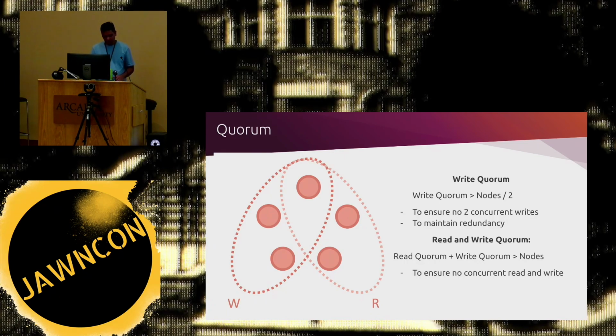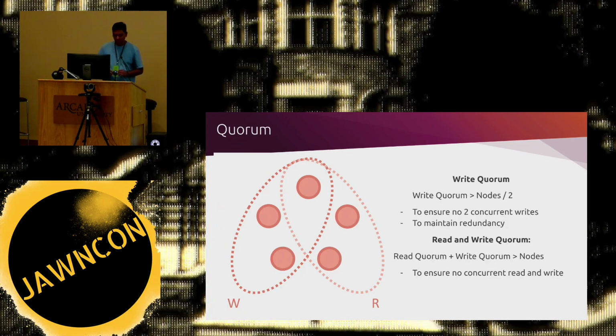The other thing is the read quorum, which is similar to your write quorum. Your read quorum is how many nodes you want to confirm your data. If you're reading a certain row, you want to confirm that it doesn't have conflicting information. You want to confirm it on a majority of the nodes, and that's what the read quorum refers to: the number of nodes that you read from before you tell the client, okay, this is the latest data that I have for that row.